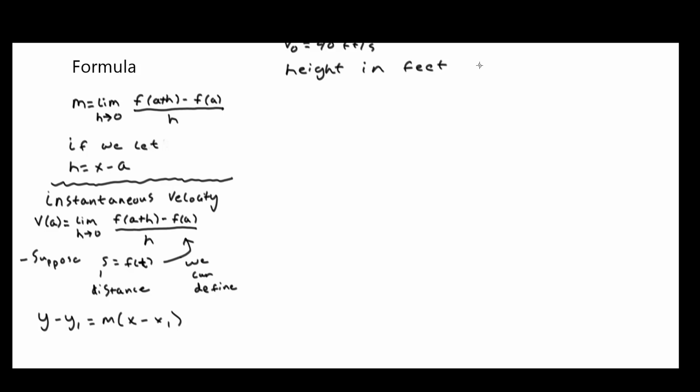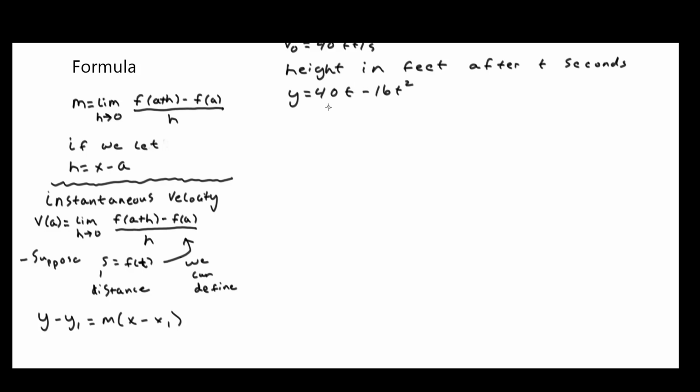So our height in feet after a certain amount of time, t seconds. So that could be y is equal to 40t minus 16t squared.